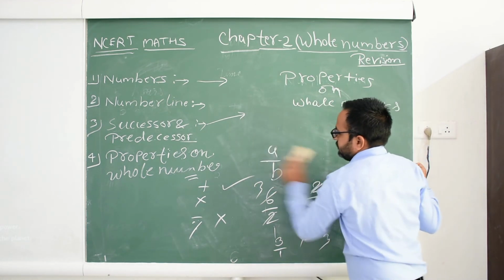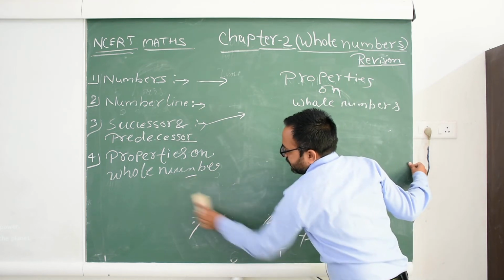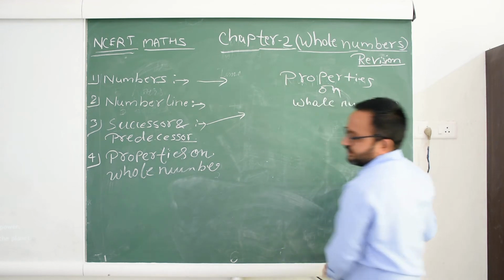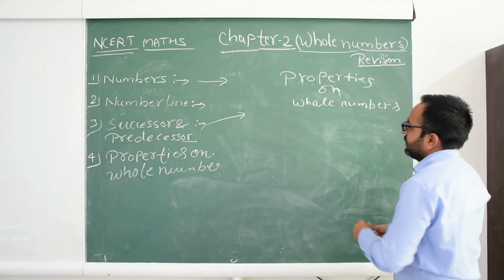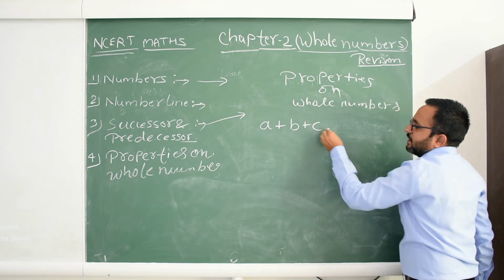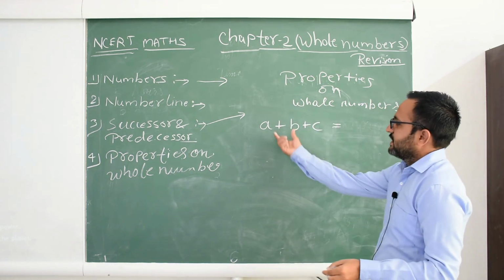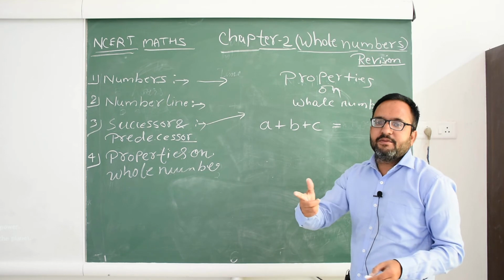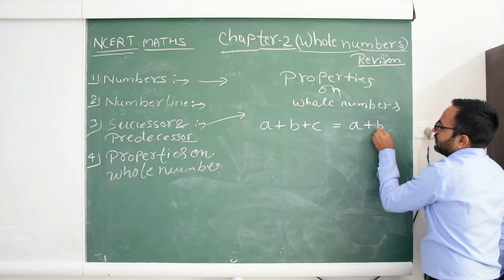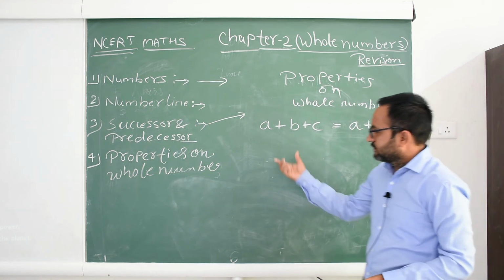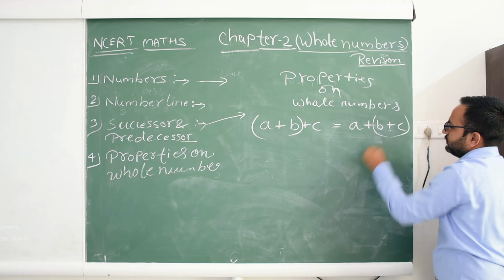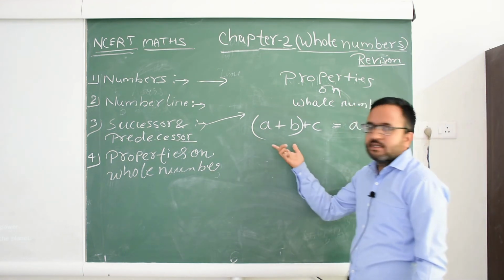Now the next property is the associative property. The associative property is A plus B plus C. The associative property is based on 3 numbers, but the commutative property is based on 2 numbers.